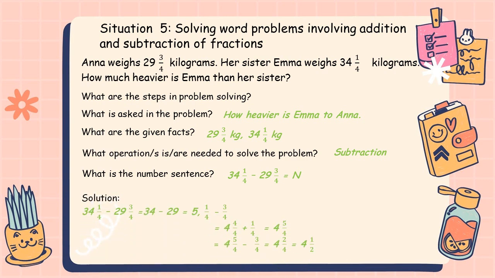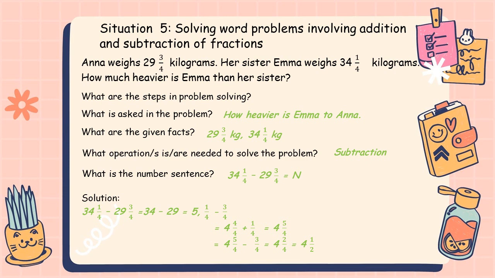We have 34 and 1/4 minus 29 and 3/4. Since this is a mixed number, again, we are going to perform the indicated operation, subtraction, on the whole numbers first, which is 34 minus 29, that is 5. And then since we have the same denominator for both fractions, you don't need to find the LCD, just copy them and perform the indicated operation.